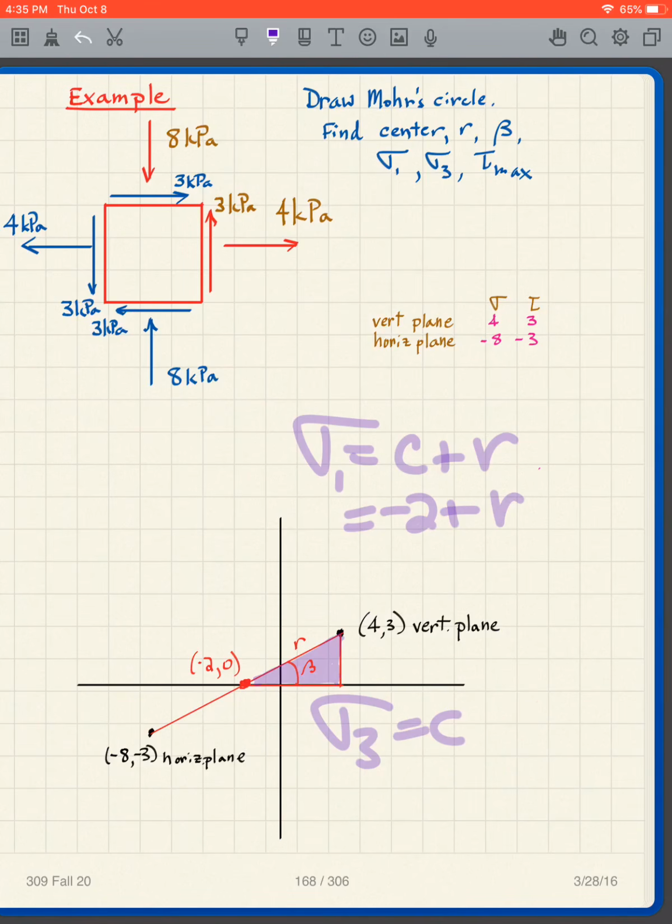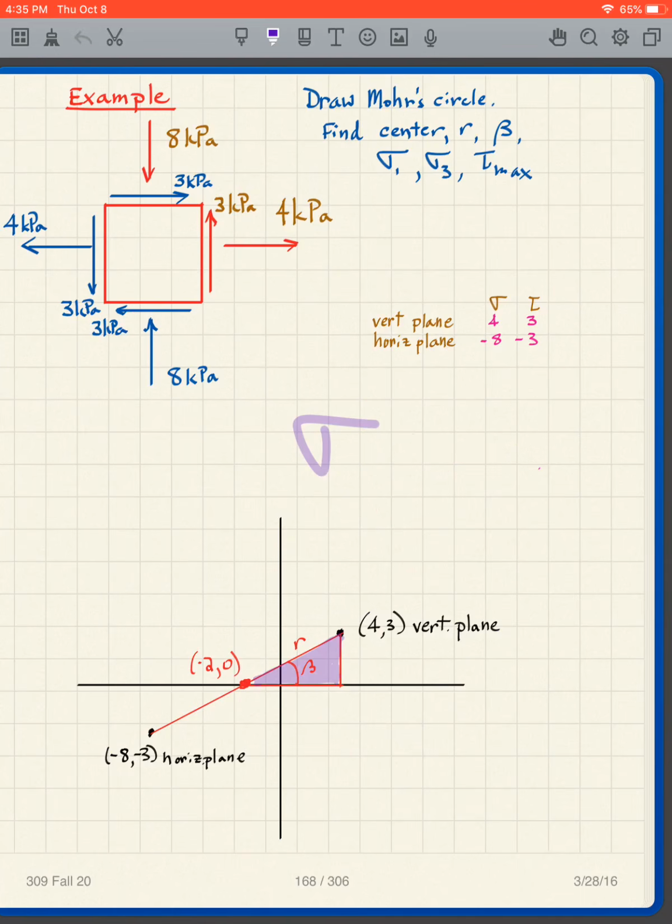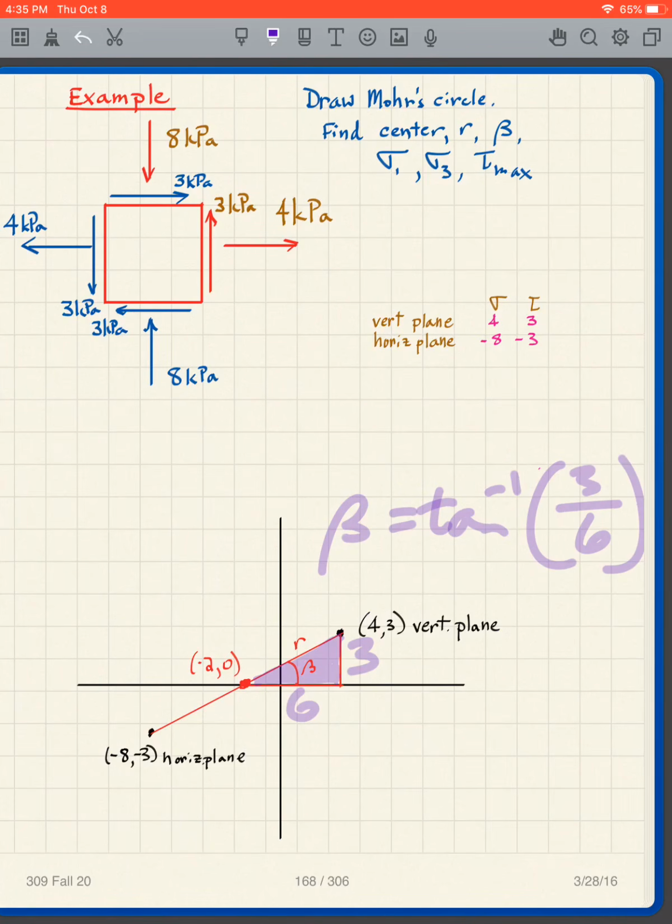Beta is easy enough because we know the legs of the two triangles. So we already determined that the two triangles have legs of 3 and 6, so beta is going to be equal to the arctangent of 3 over 6. Tau max is equal to the radius.